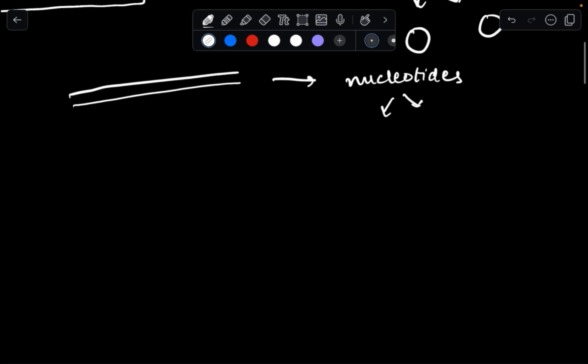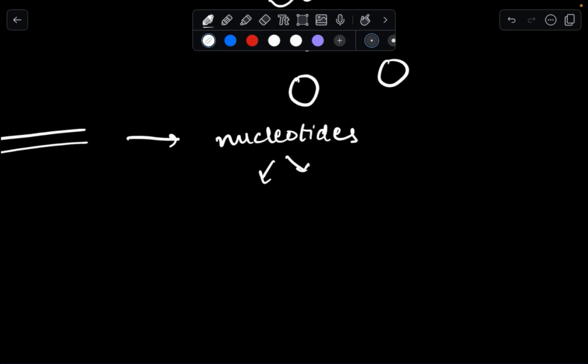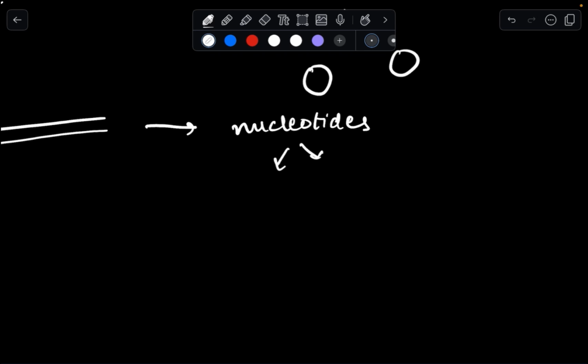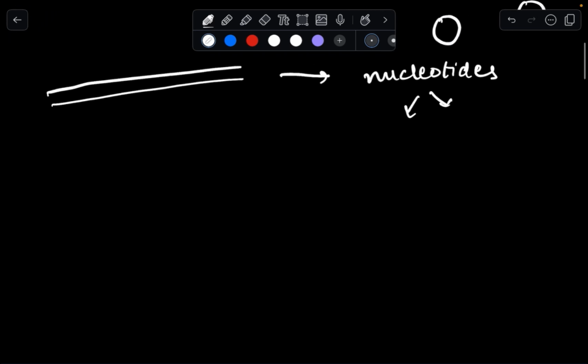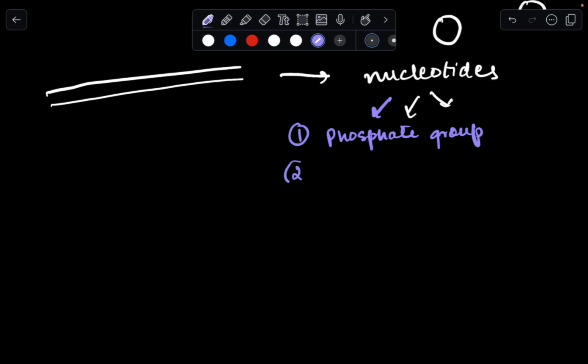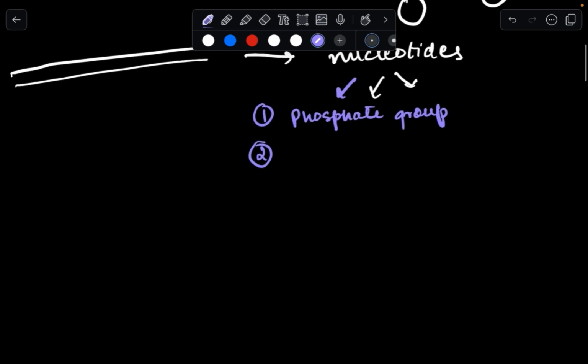RNA has 4 different nucleotides and DNA has 4 different nucleotides. Each nucleotide has 3 components. First one is a phosphate group. Second is a 5 carbon sugar. And third is a nitrogenous base.